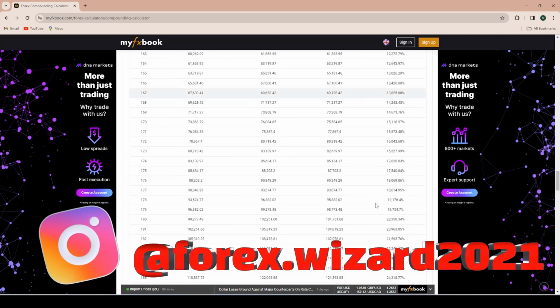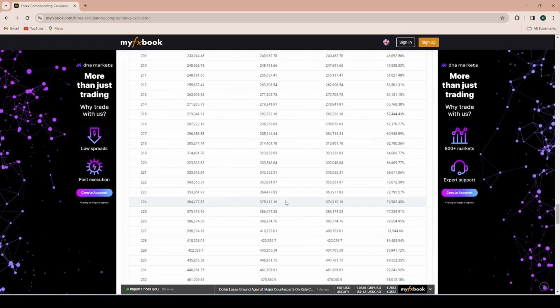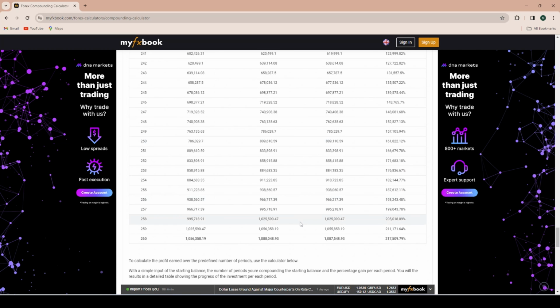Let's see, guys, this is unbelievable, because this compounding gives you huge motivation to grow a smaller account. After 260 weeks, this $500 account grows to $1,088,000. Can you imagine that, guys? It is absolutely possible if you have the right strategy, right tool, and right understanding of how to grow a smaller account into a bigger account. More importantly, patience.